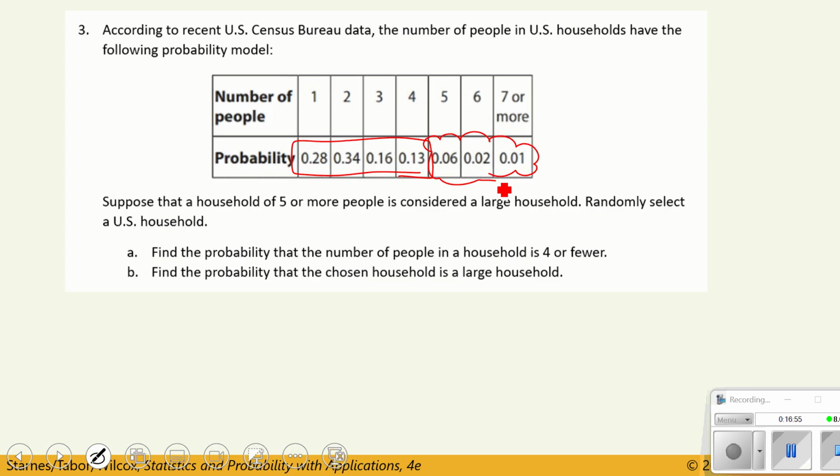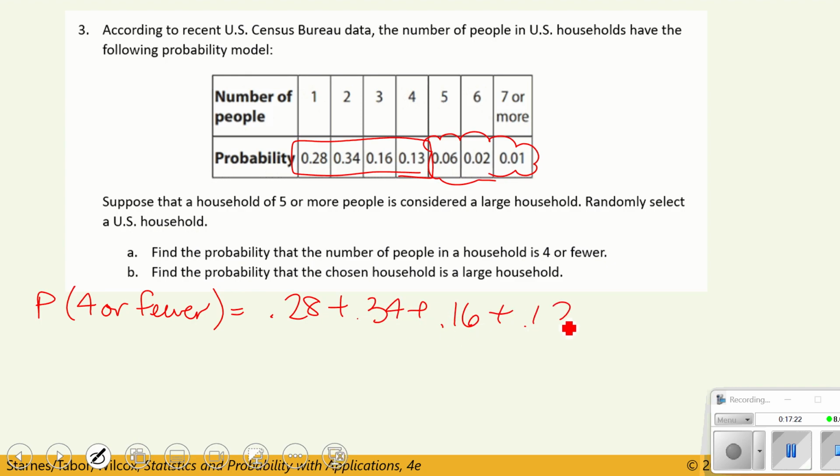It's going to give you the same answer either way, so whatever way you want to do it is good for you. So again, either method. I'm going to do the opposite problem on this one. Actually, no, I won't. I'll just do 0.28 plus 0.34 plus 0.16 plus 0.13.